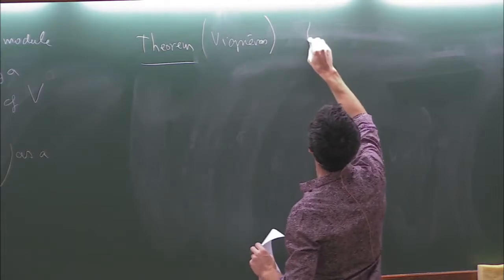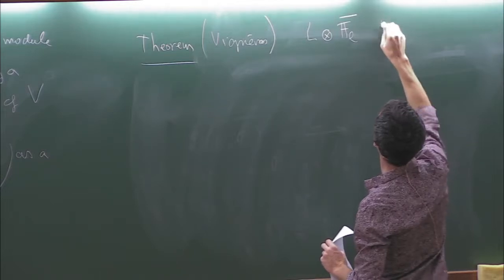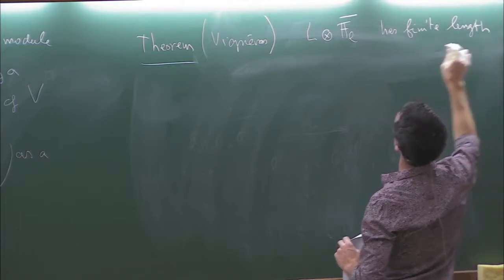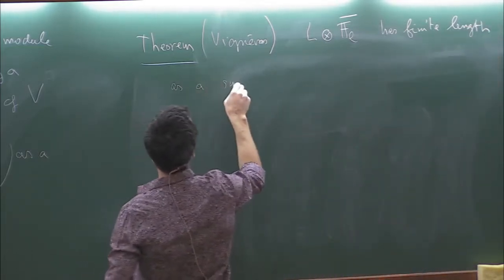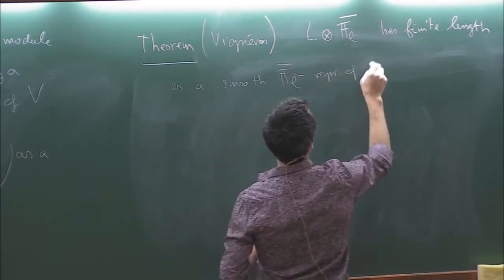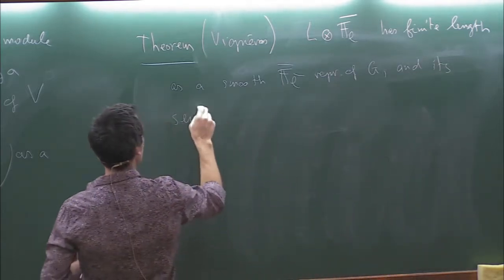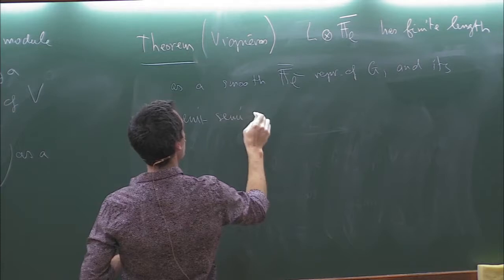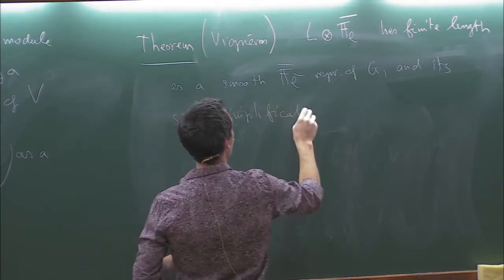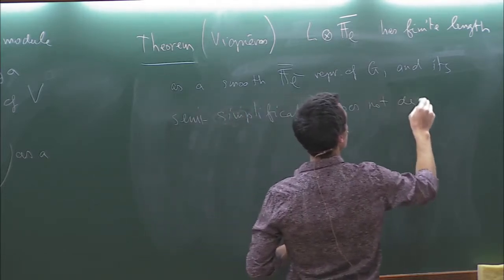First, this smooth representation has finite length as a smooth F_L bar representation of G, and its semi-simplification does not depend on the choice of the lattice.